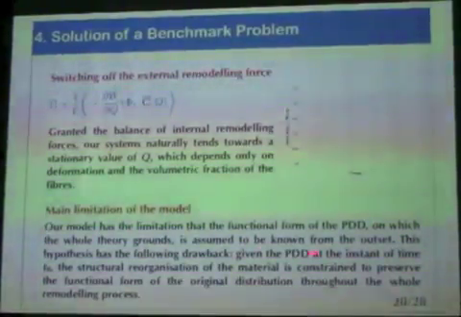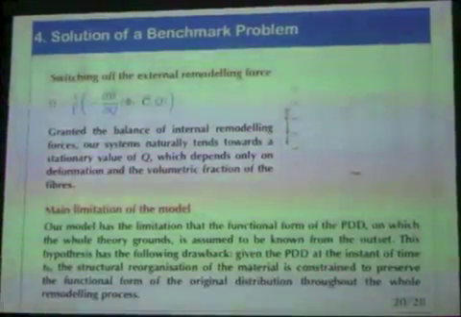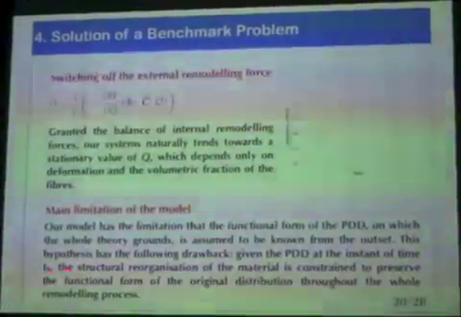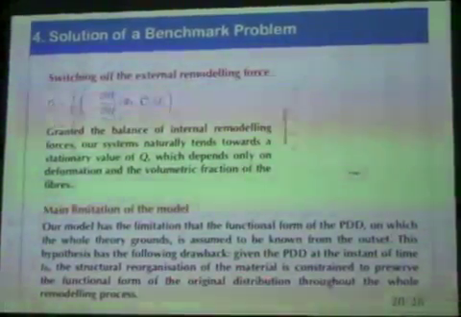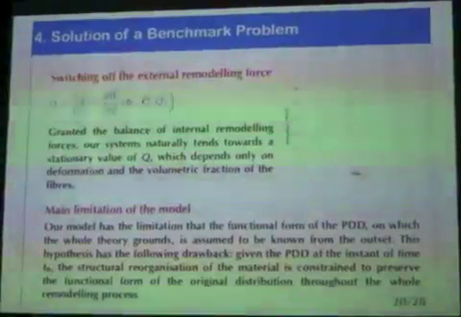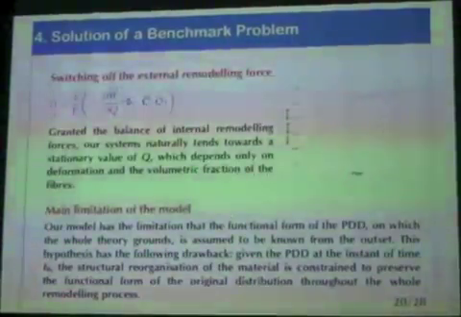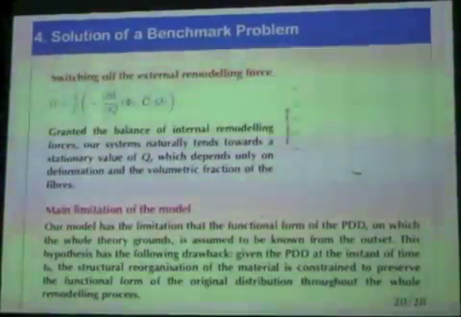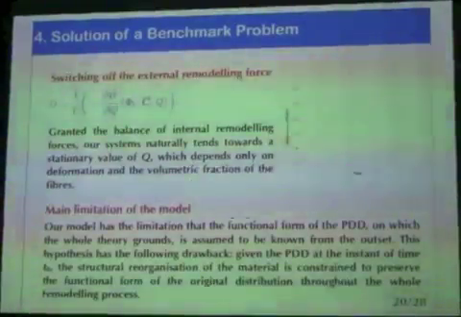And so, given the probability density distribution at some instant of time, for example, the initial T0, the structural reorganization of the material is constrained to preserve this functional form forever, basically. We are working on how to relax this hypothesis by treating the probability density distribution as the remodeling variable.